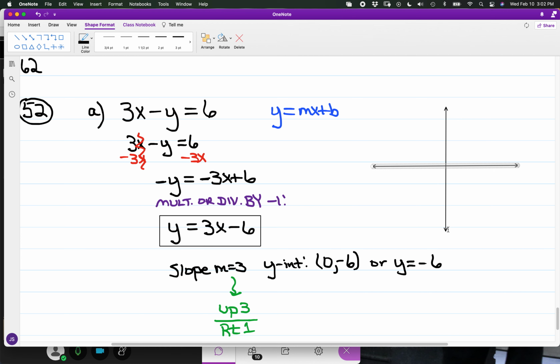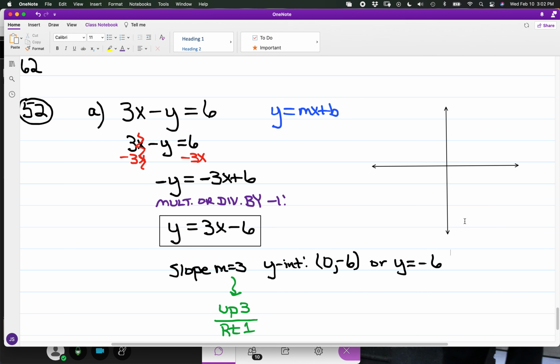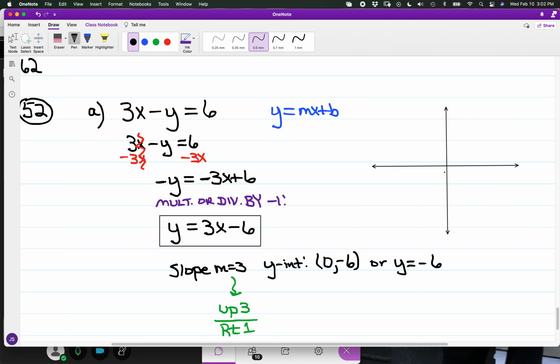Again, so we have a y-intercept at 0, -6. And just for the trend here, you've got -1, 2, 3, 4. So we have 0, -6.